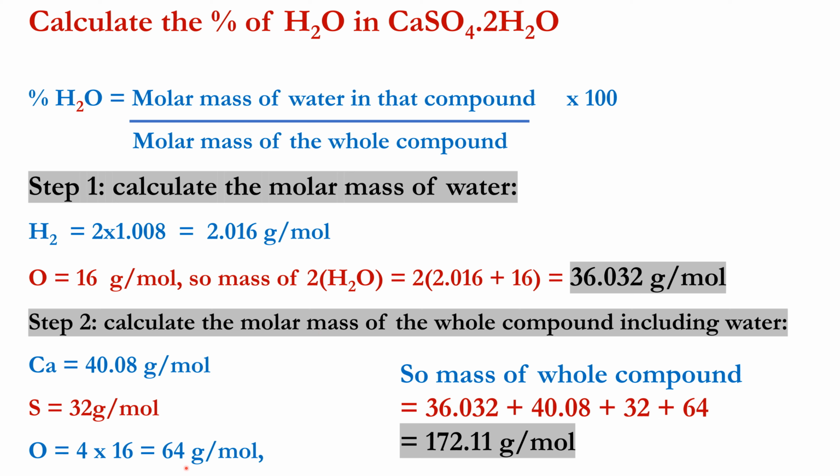So this will give us 64 gram per mole. Then the mass of the whole compound will be the addition of these plus the molar mass for 2 water molecules. If we add all these up, we get that the molar mass of the whole compound, calcium sulfate dihydrate, is equal to 172.11 gram per mole.